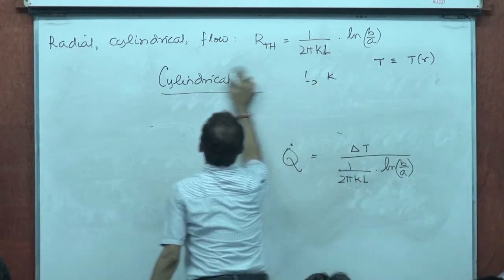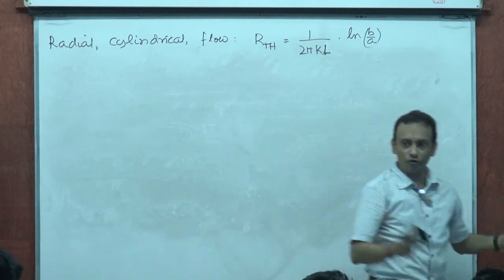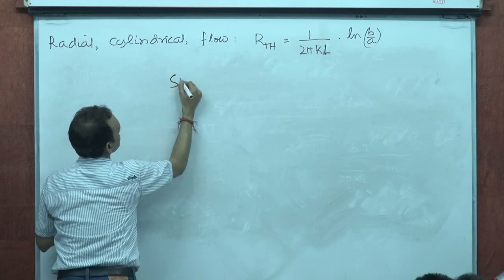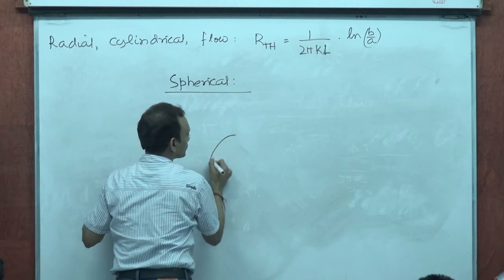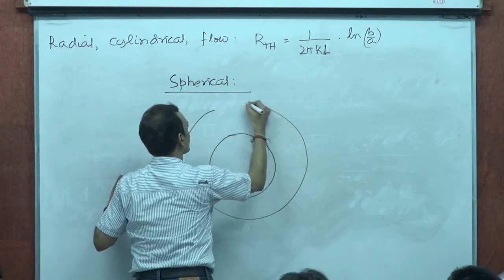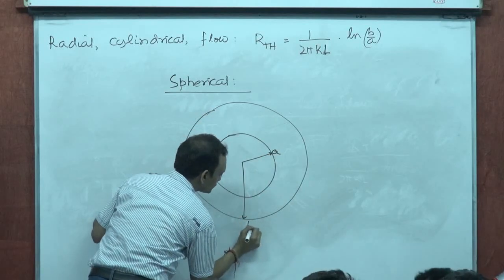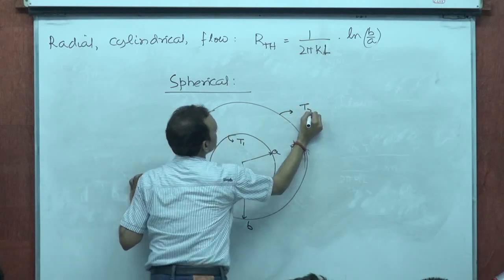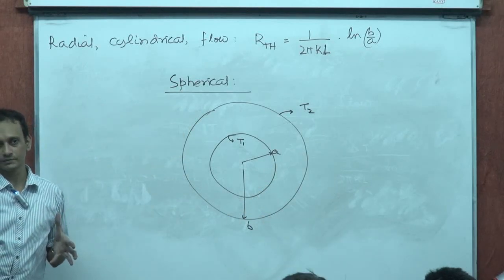Now, for a spherical radial flow, a sphere, let's say the inner surface is maintained at temperature T1, the outer surface at temperature T2. Concentric spheres, right?